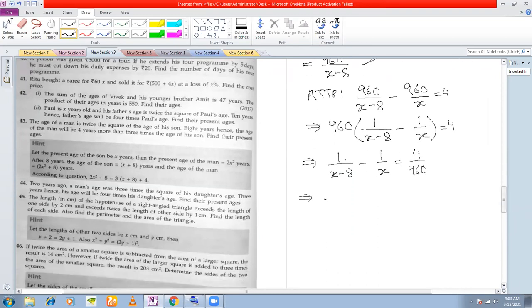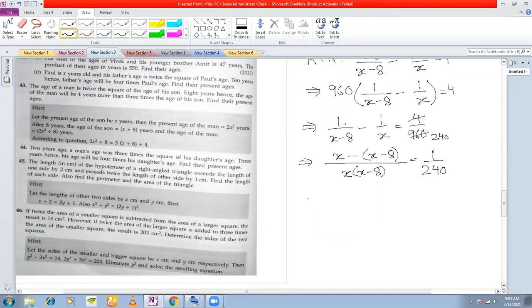Now you take the LCM. And if you cancel here, how much will you get? 240. Open the brackets in the numerator and multiply by X throughout in the denominator. So plus X and minus X, they cancel.